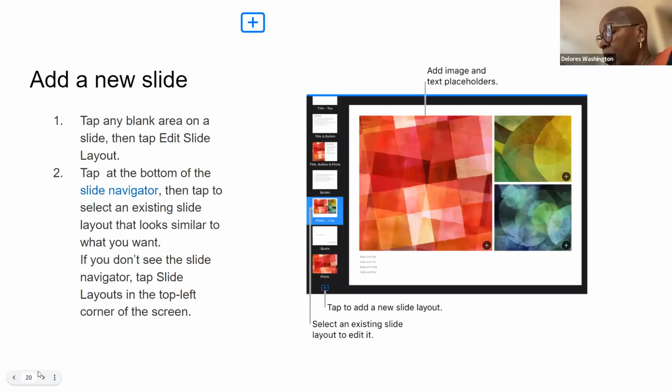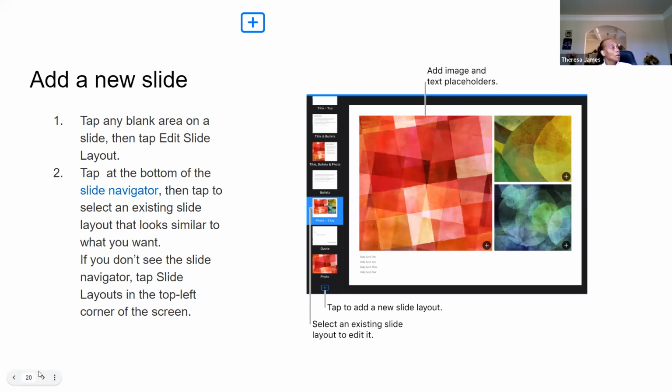All right. So notice the top where it's a blue cross up there, little square box. You want to add a new slide. So usually when you get started, you start with your first slide. Keynote doesn't know you want to add another slide, but it will allow you by tapping on that blue cross. Next slide appears. That's how you add a new slide.